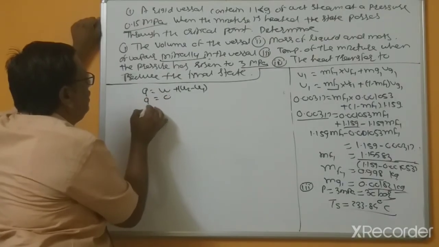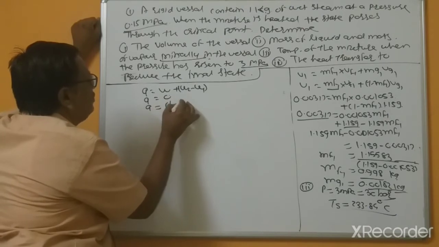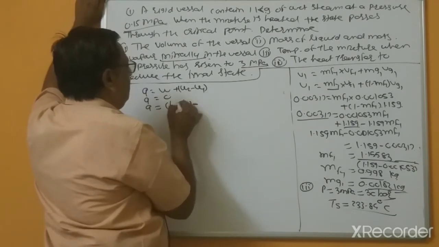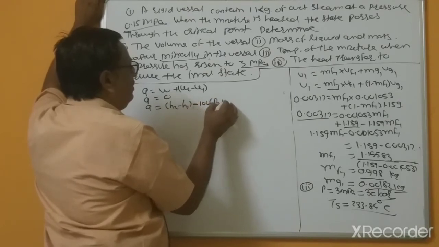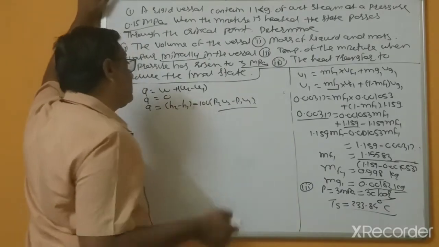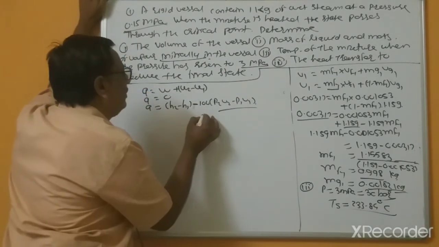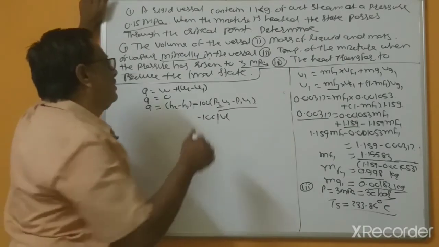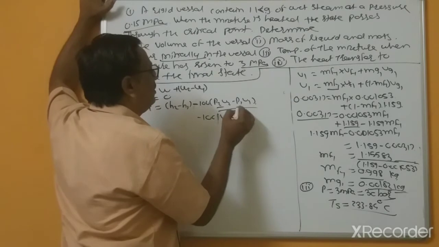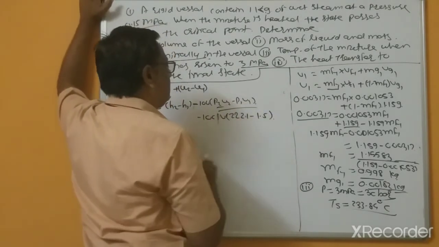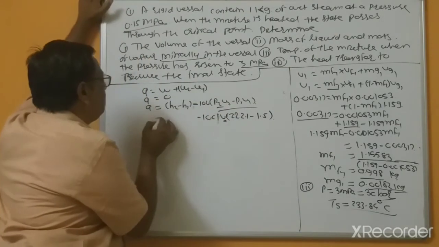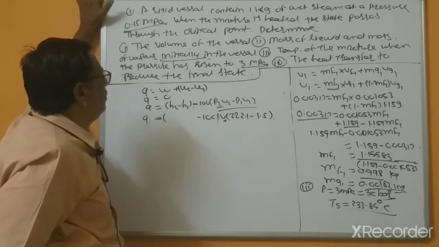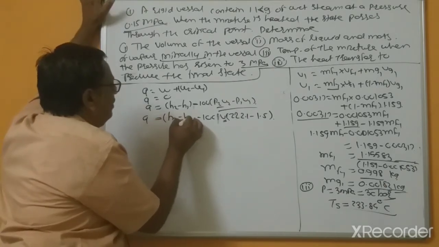This is constant volume, so W equal to 0, and Q equal to h2 minus h1 minus, because this is h2 minus h1 minus 100 into p2 v2 minus p1 v1. We require v2 and v1, which are the same, 100 into v, and the pressures p2 are different, 221.2 and this is 1.5, and this is right.